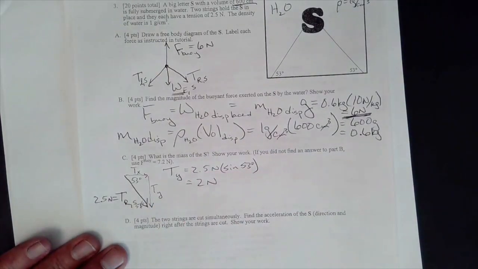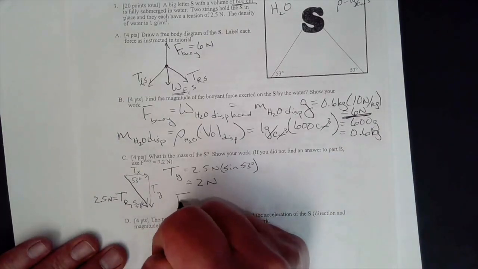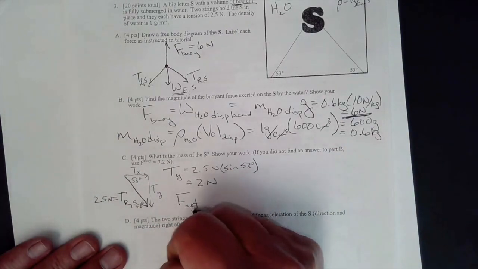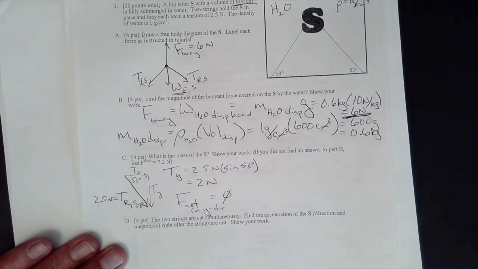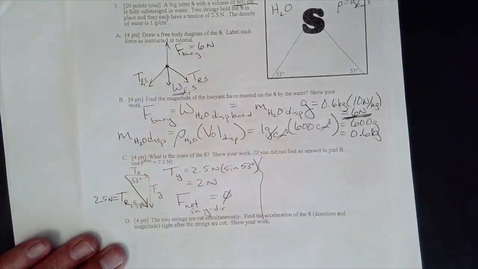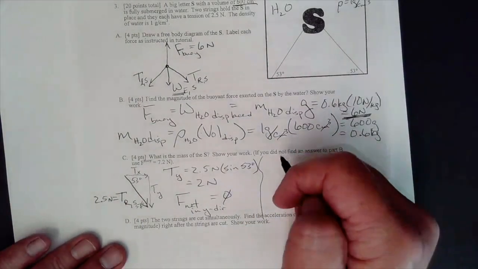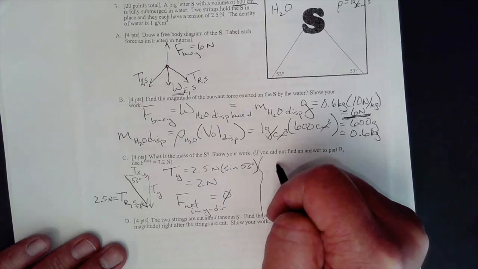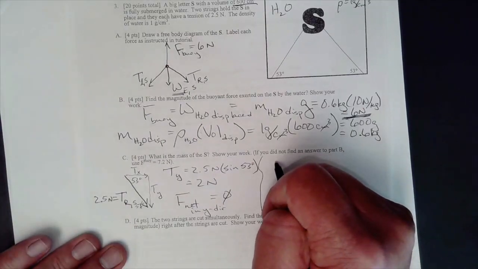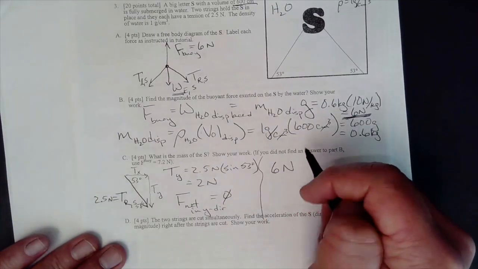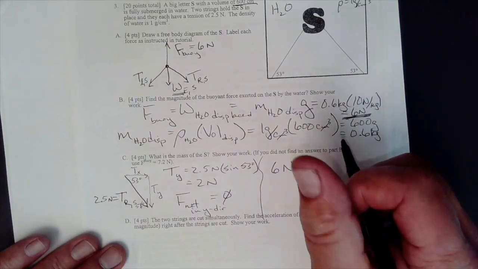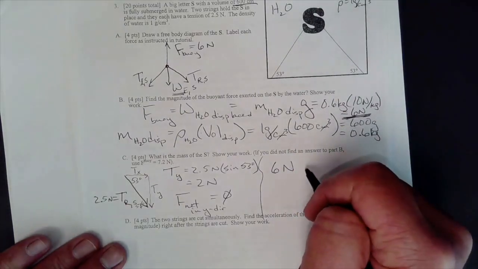Okay? So if I use the fact that the net force in the y direction is equal to 0, then in the positive y direction I have the buoyant force of 6 newtons. Well, that's all I've got in the positive y direction.